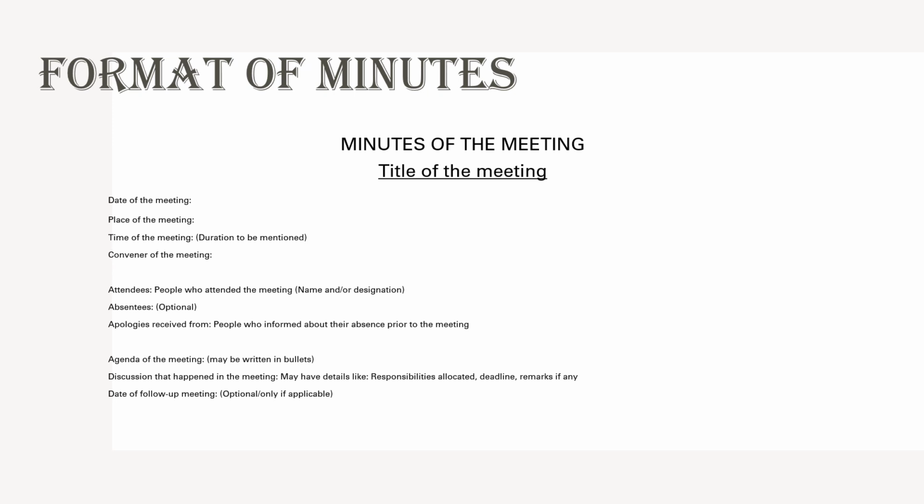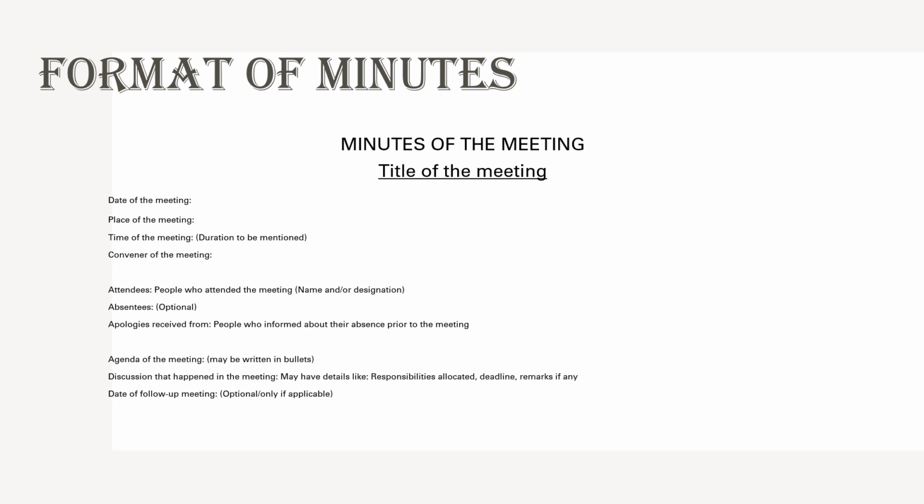Then the people who were absent. It is an option that you may add this particular tab here, where you write down the names of the absentees. Because we are saying that it is a document that is acting as a future reference, if at any given point of time you want to know who all attended a meeting and who all did not, you should have a clear idea.